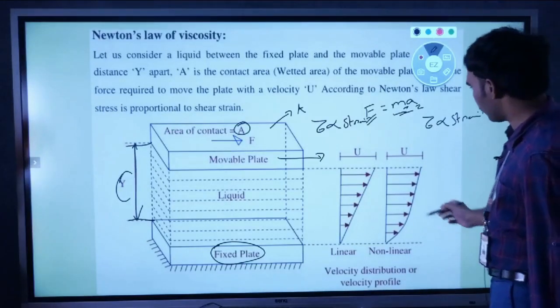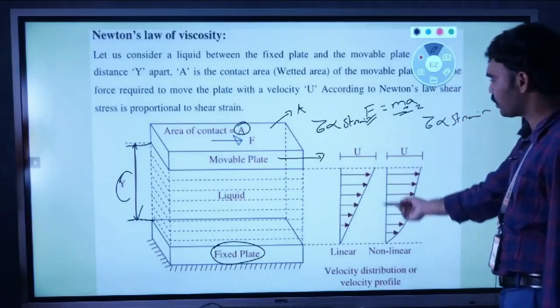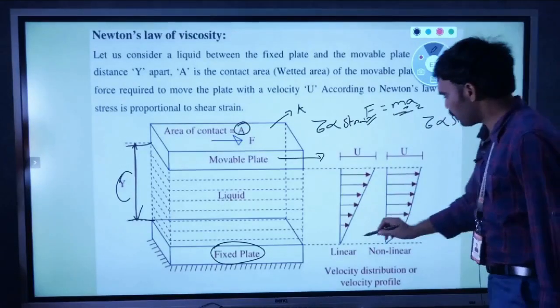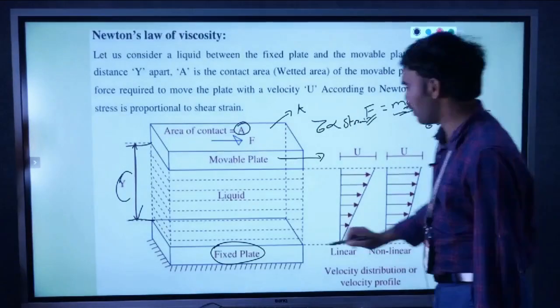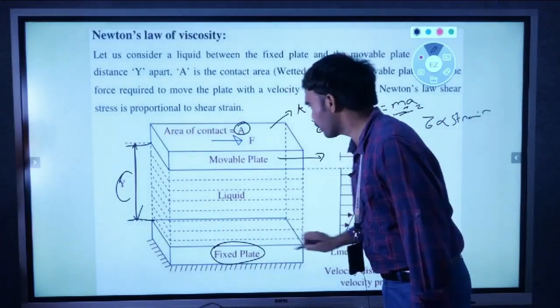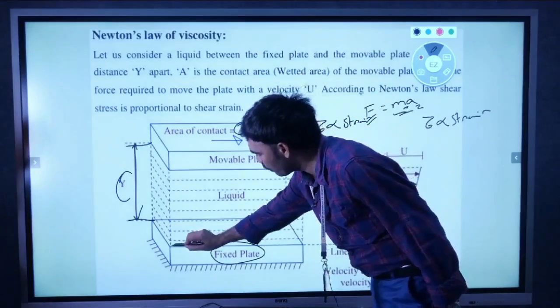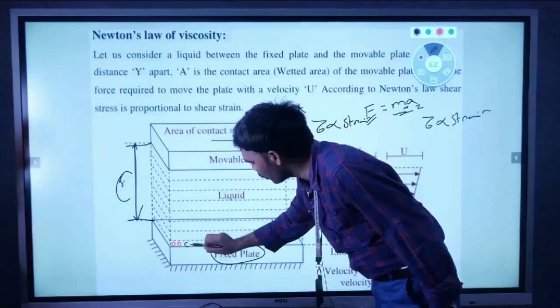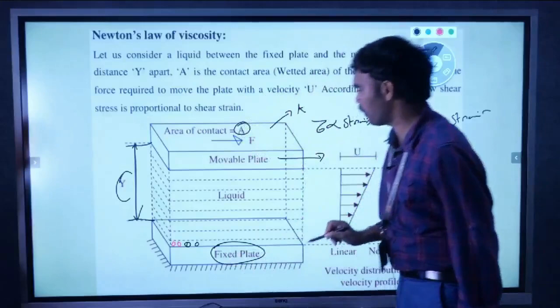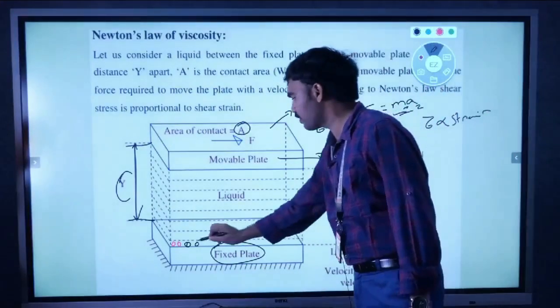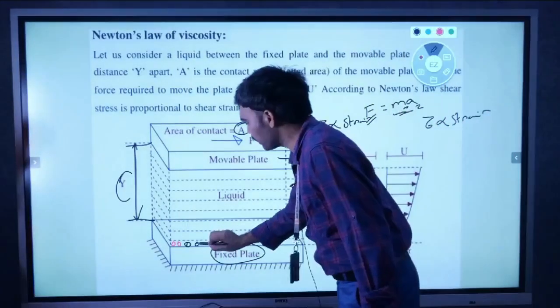So before that, I will show you this velocity distribution function. See, the water is flowing. So when the fluid particles contact with the solid surface, what will be the force acting here?